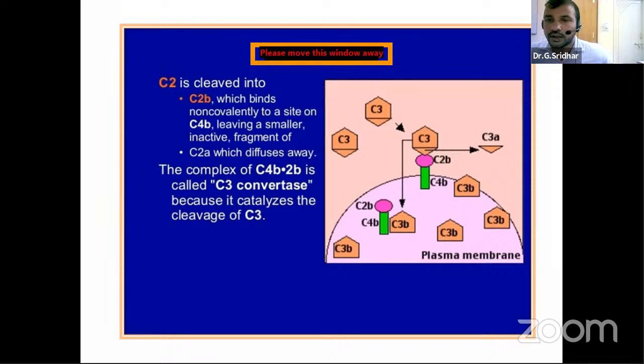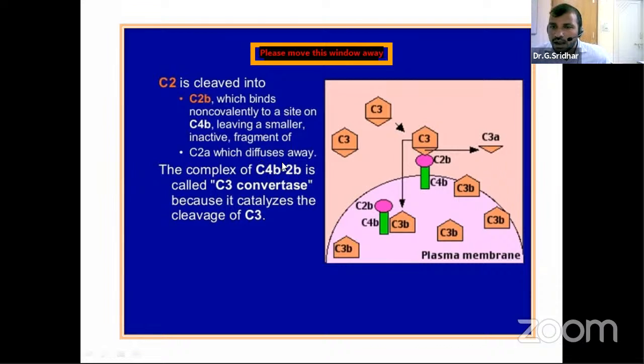Now you see, that means if you activate the C1 protein, then it can activate C4. The larger subunit of C4 can activate C2. The larger subunit of C2, called 2b, comes and binds to the larger subunit of C4, called 4b, forming a complex you can see here, C4b2b.